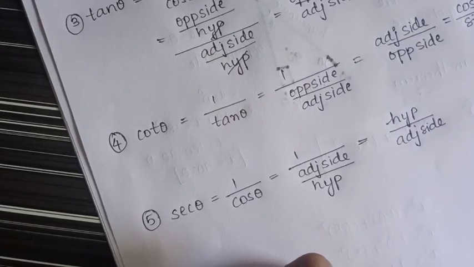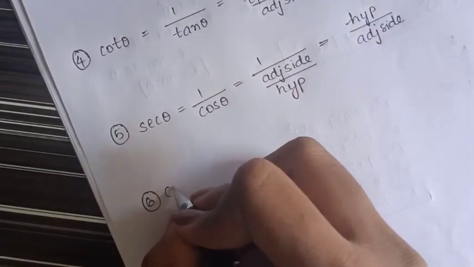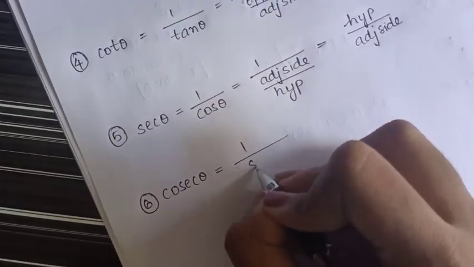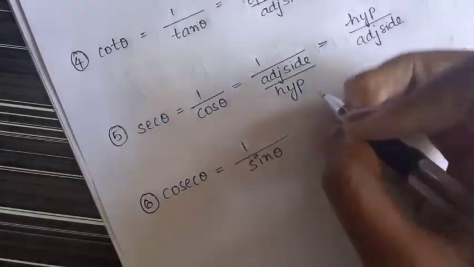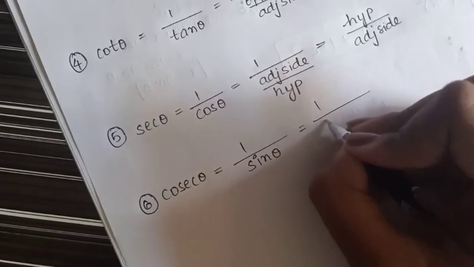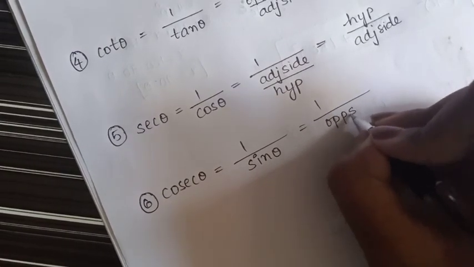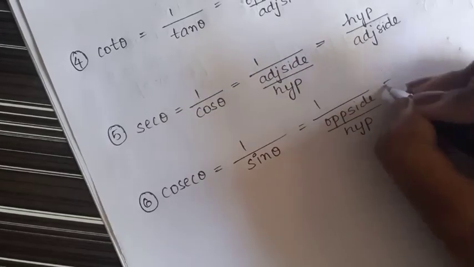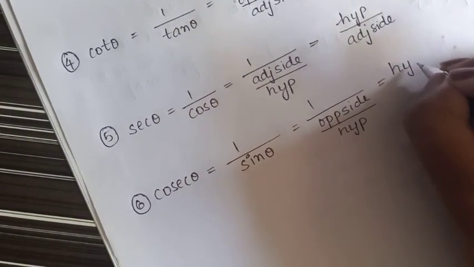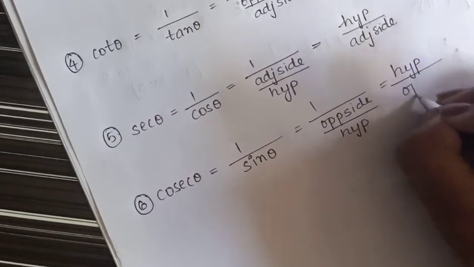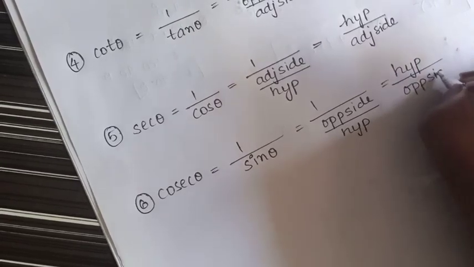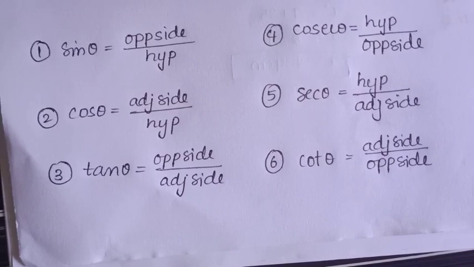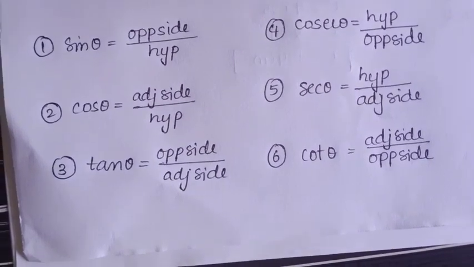The sixth ratio is cosec theta, or cosecant theta. It is the inverse of sin theta, so it is 1 by opposite side by hypotenuse, which becomes hypotenuse by opposite side. So these are the 6 trigonometric ratios.